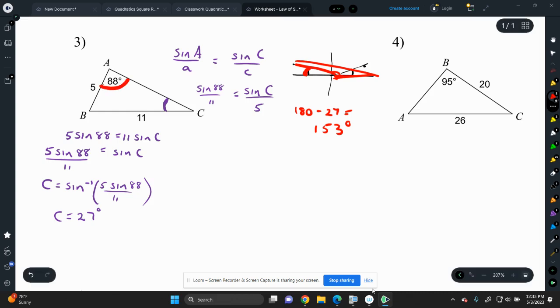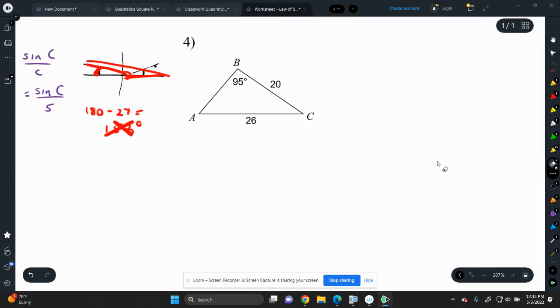If I put this angle here as 153, I'm going to have too many degrees in my triangle. So that means that this angle is not possible. So all I have to do is finish the triangle with that one angle.